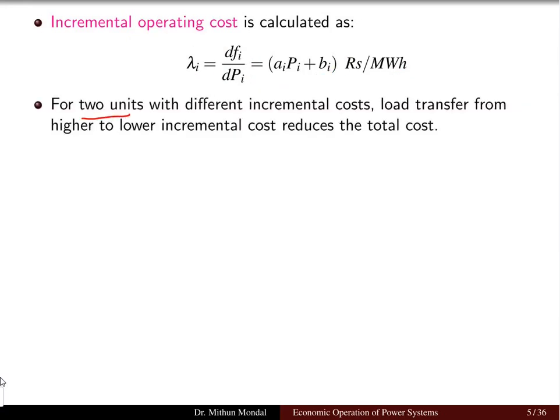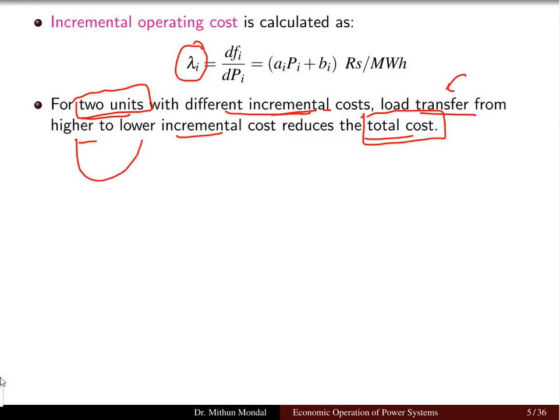For two units with different incremental costs, load transfer from the higher to the lower incremental cost unit reduces the total cost. So we have to minimize the total cost. For example, if you have two units, then the load has to be transferred from the higher to the lower incremental cost plant.